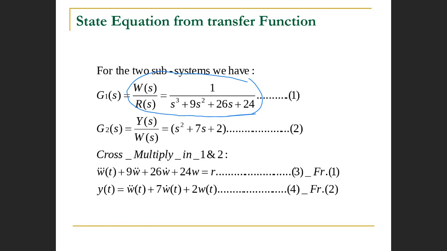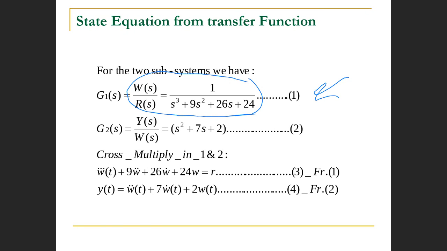For the second part of the system, we agree that Y of S over W of S is equal to S squared plus 7S plus 2. All right. Now, let's start with the first one. We are going to now cross multiply, and when we cross multiply, we're going to take the inverse Laplace. So I'm actually doing two things at the same time here in one step.